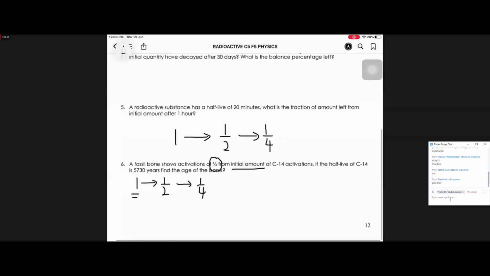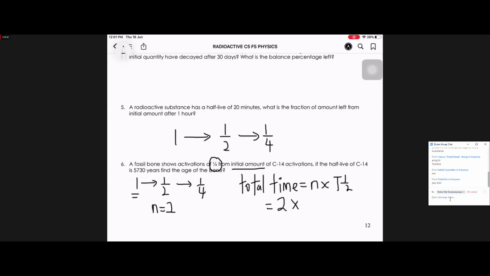Okay, see here. 1 becomes half, half becomes quarter. So the number of times it occurred is twice. So what was the formula we have? Total time will be equal to the number of times it occurred times the half-life. The number of times it occurred is twice.